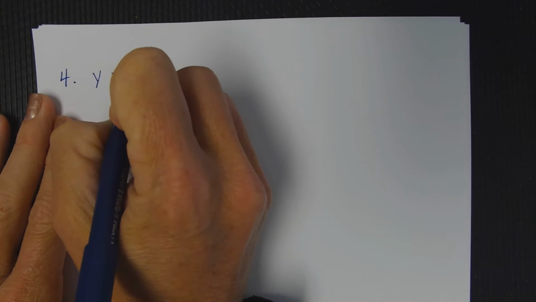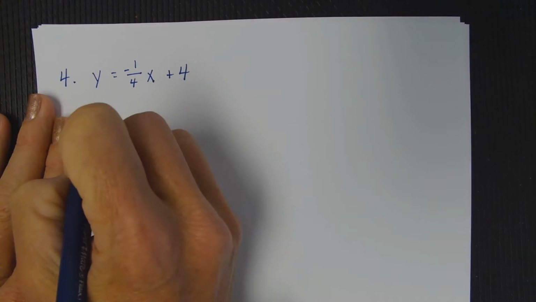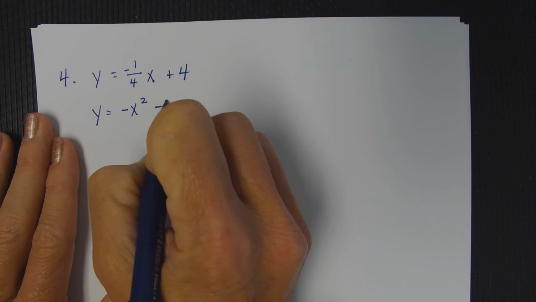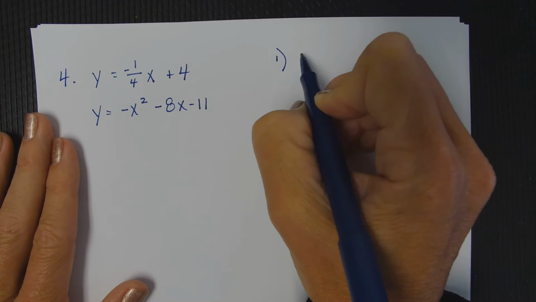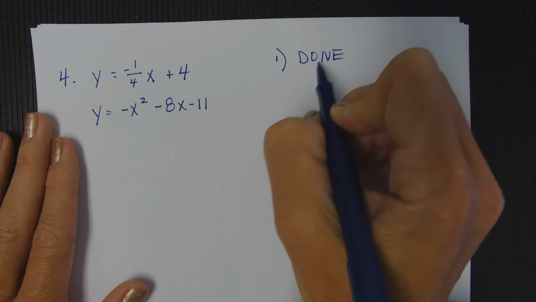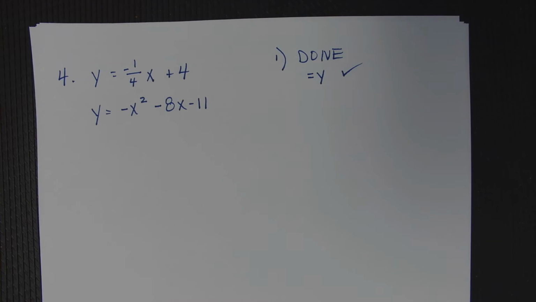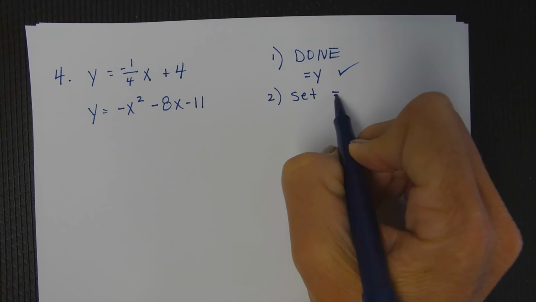y equals negative 1/4 x plus 4. And y equals negative x squared minus 8x minus 11. First step is done. It is equal to y. Check. Second step is set equal to each other.